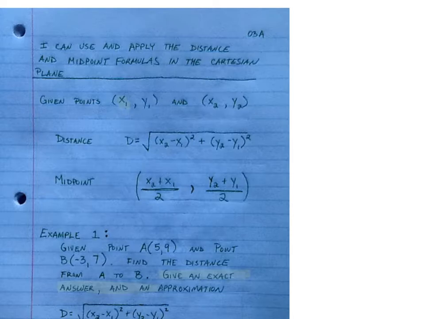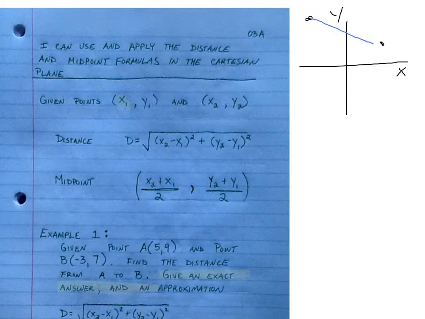So, the distance formula. If we're given 2 points on the Cartesian plane, and for those needing a refresher, the Cartesian plane is the XY grid, with the X along the horizontal axis and the Y along the vertical axis. So if we're given some point here and some other point over here, we can find the midpoint or the distance between those 2 points.